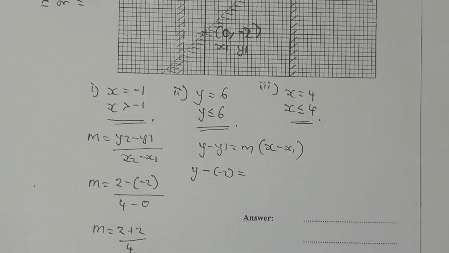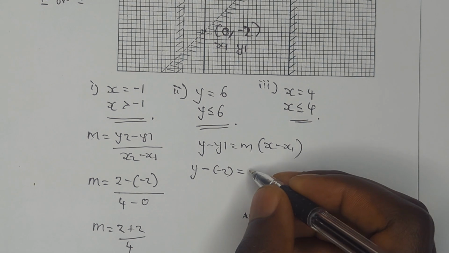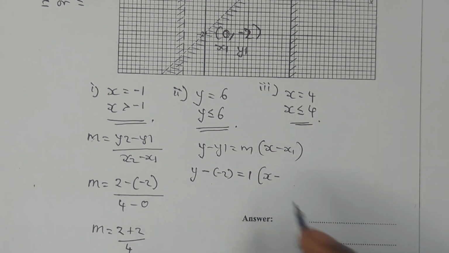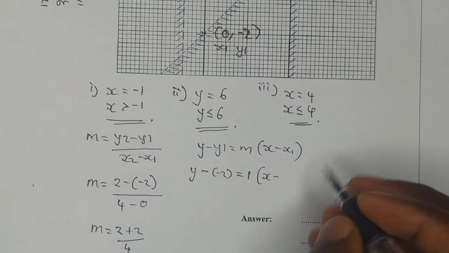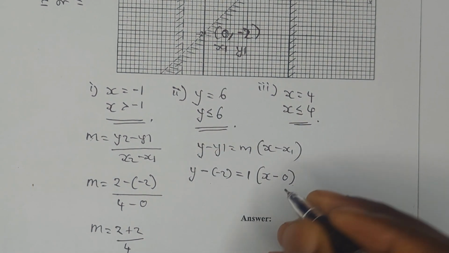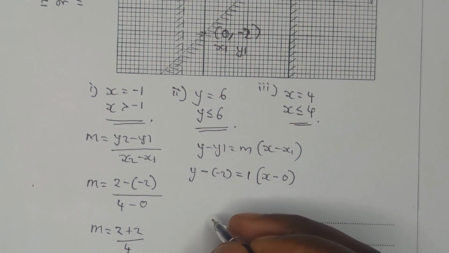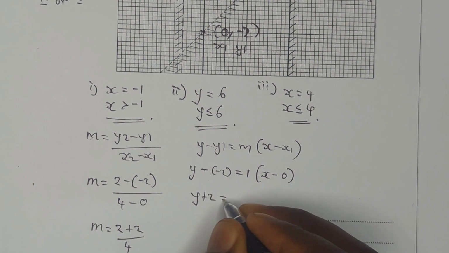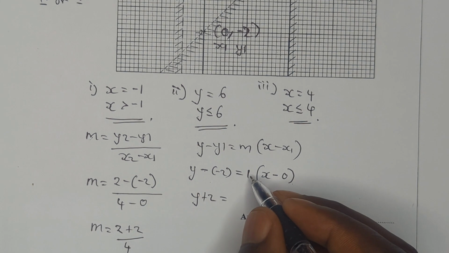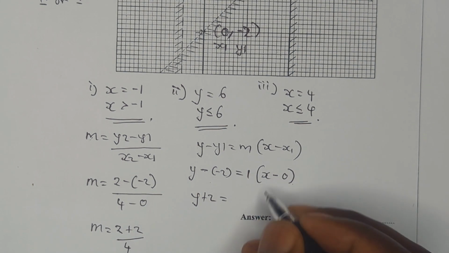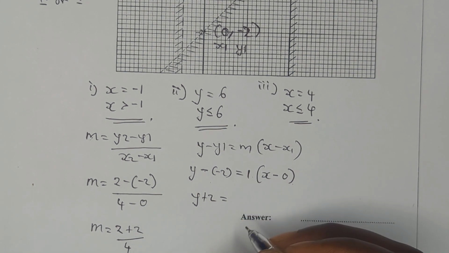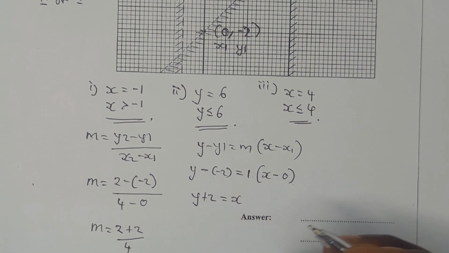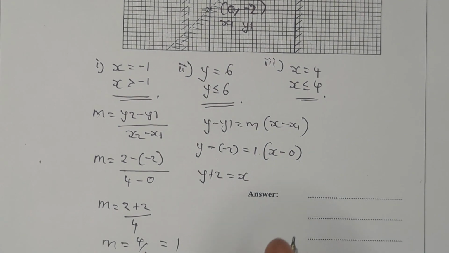The gradient is 1, so here we're going to put 1. x minus x1, it is 0. So negative and negative, this one will be a positive. So y plus 2 is equal to 1, which multiplies everything inside here. So 1 multiplied by x will be x, and 1 multiplied by 0 will give us 0.